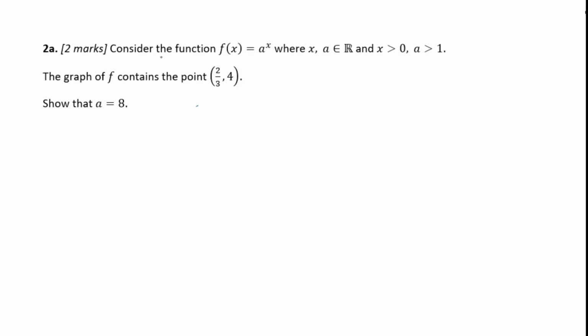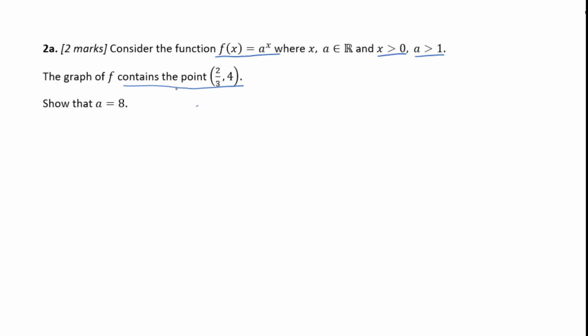Let's go to 2a. Consider the function f of x equals a to the x power, where a and x are real numbers, x is greater than 0 and a greater than 1. The graph of f contains the point 2 over 3, 4. Show that a equals 8.